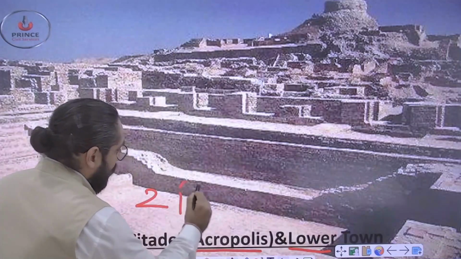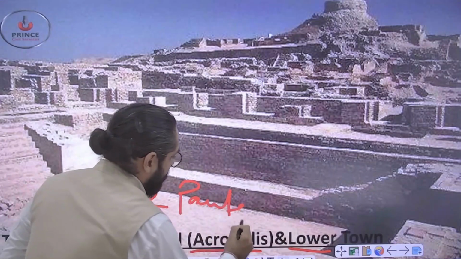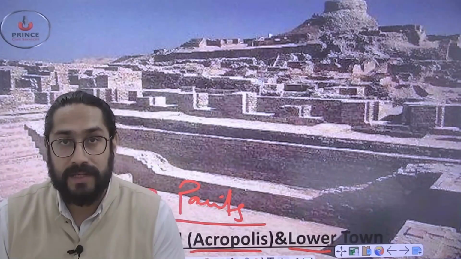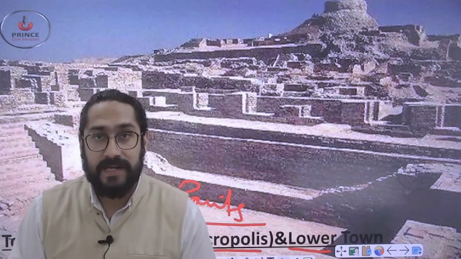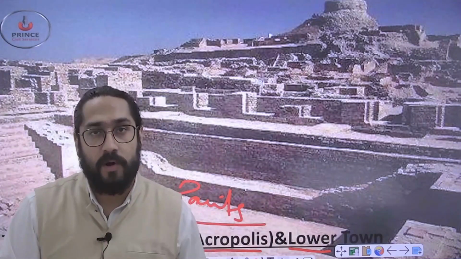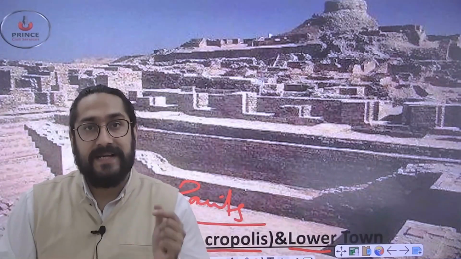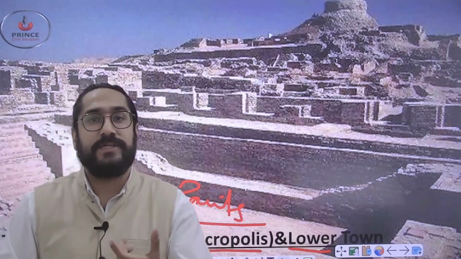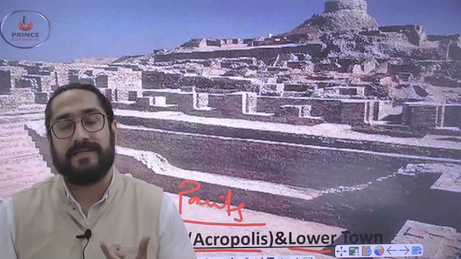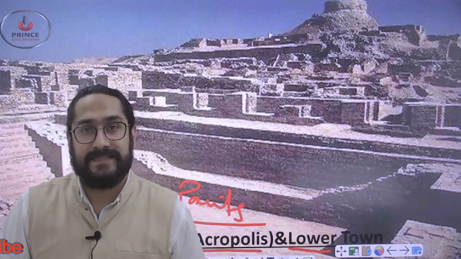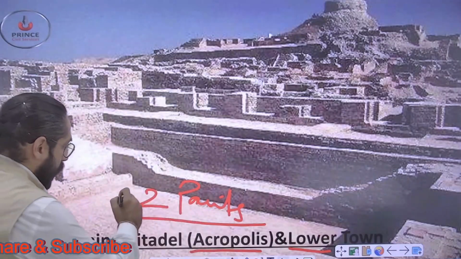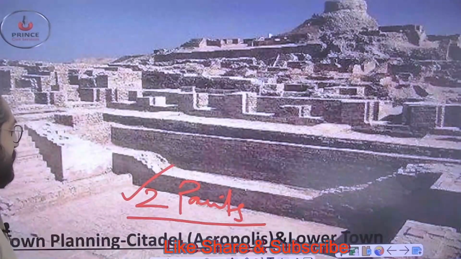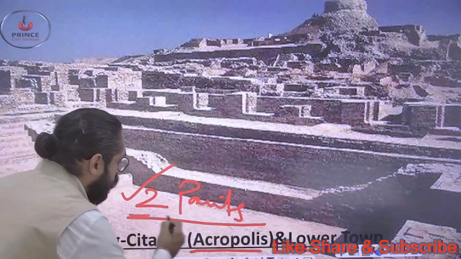When I say 2 parts, it is a general rule, but there are exceptions, which we will learn about later in other videos. But we are going to discuss the general features which you can find in all the towns and cities. So the first point is that most of the cities were divided into 2 parts.